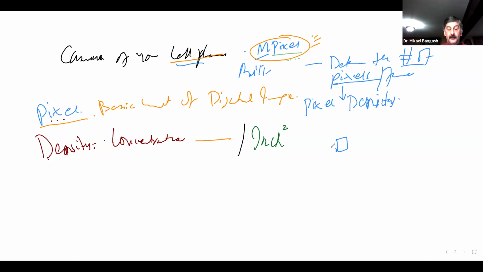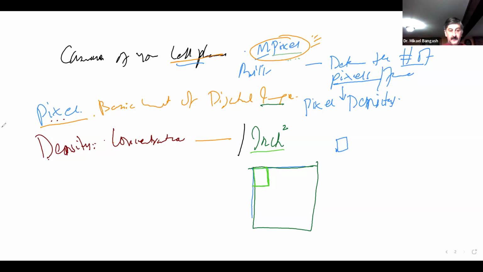Is going to be something like this. But if we take, for instance, an image, and if we take 1 square inch of this image, let's say this is 1 square inch of your image.